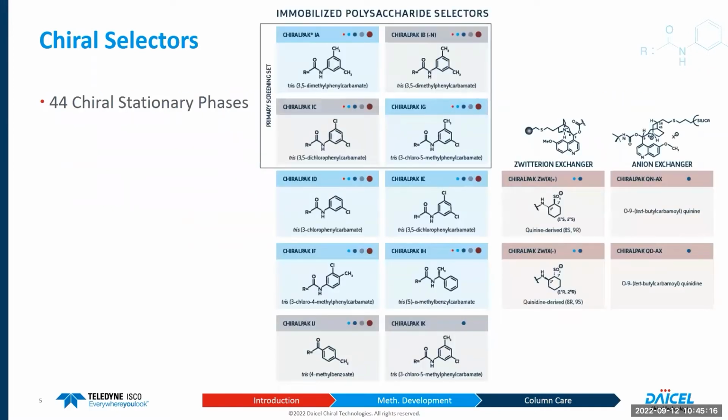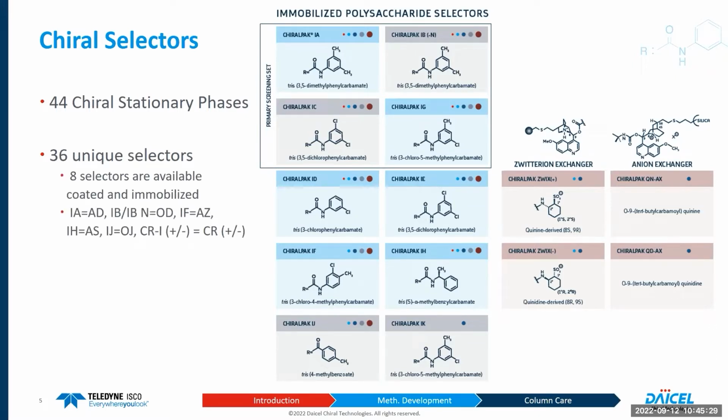Now in total, we've got 44 chiral stationary phases. Some of those are shown over to the middle and right-hand side of the slide here. 36 unique selectors. The difference comes from the fact that there are 8 that are available as both coated and immobilized columns. For instance, Chiralpak IA and AD are the same selector. They're both 3,5-dimethyl phenylcarbamate.